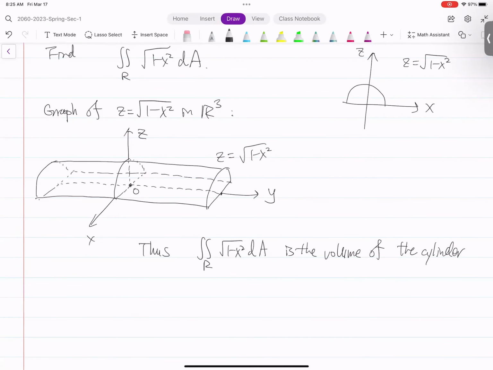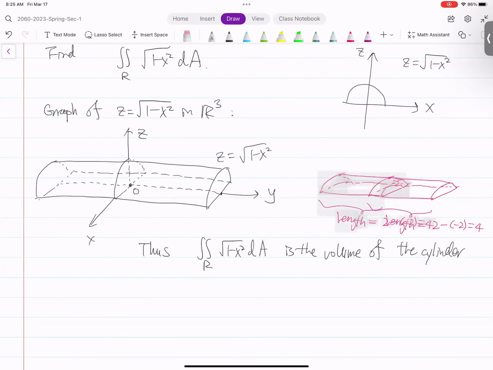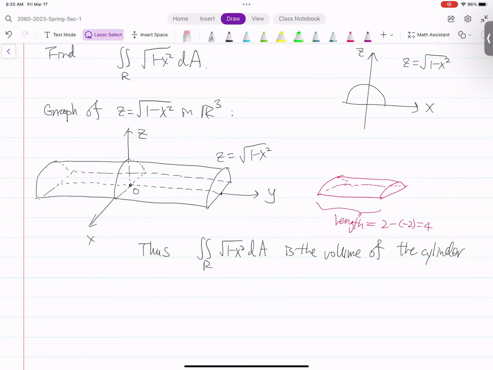Simply put, on the right, it's going to be a cylindrical shape. The width here, we can say the length is actually 2 minus negative 2, which is 4. The 2 comes from the maximum y bound that we have in this region R, and the negative 2 comes from the smallest y bound possible.